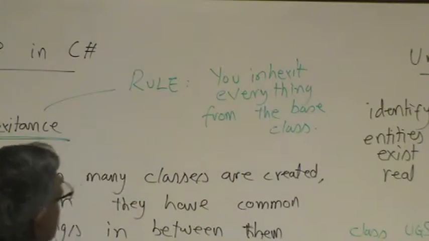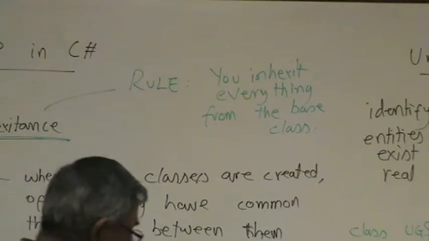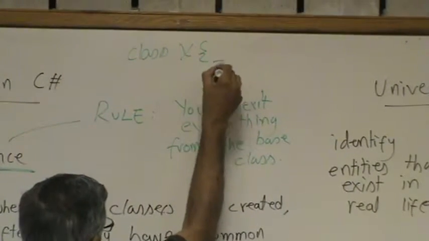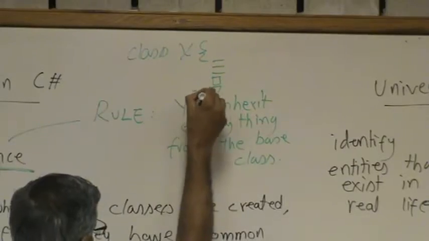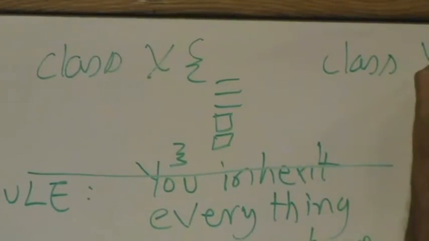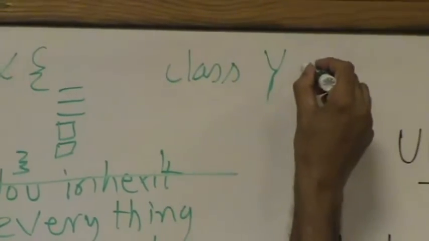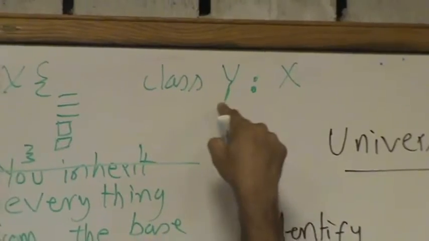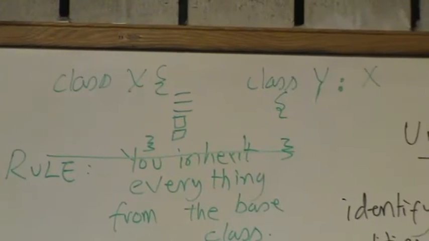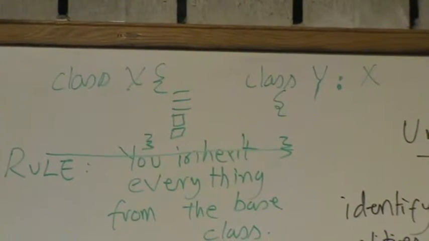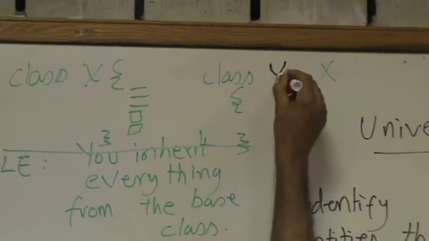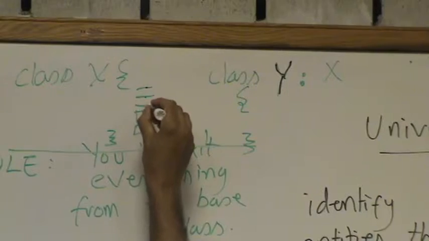To clarify this, let's say you created some class called X and you put 3 fields and 2 methods over here. Then you created a class called Y, and in C#, remember we use the colon syntax to indicate we are inheriting from X. If we just write this and don't type any code in it, just the begin curly, end curly, as far as class Y is concerned, will it have these 3 fields?